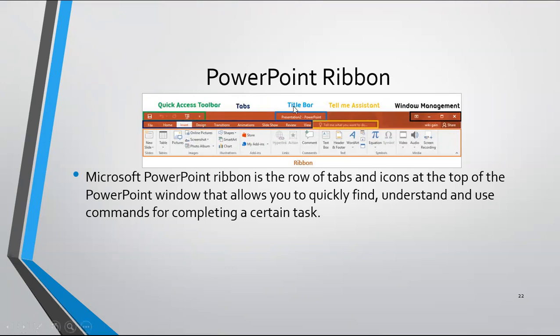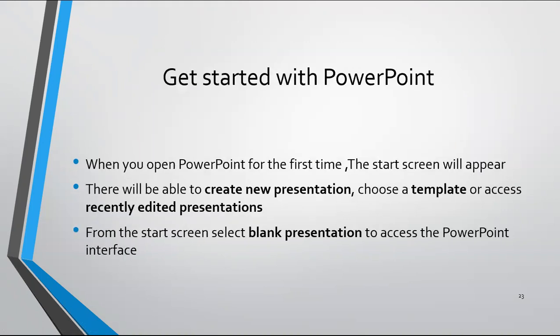And here you can see another help button, right? You can use this one to get help. That means you can get some information about the commands or some other thing that you don't know. You can find it by using this Tell Me assistant, right? You can use that one.